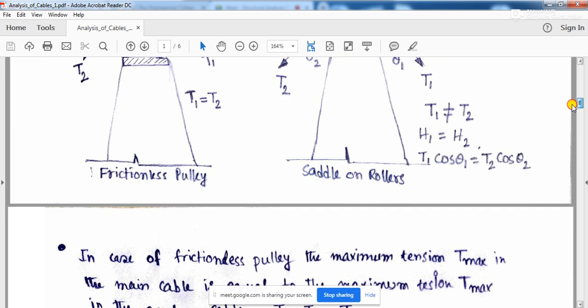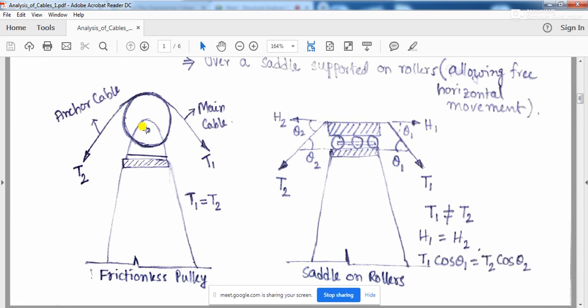You will have to find out, when the main cable is having a tensile force T1, that means this is the T max you have found out, and if there is a pulley like that, how much horizontal force and how much vertical force is coming on this pulley, and that will get transmitted to this pier.